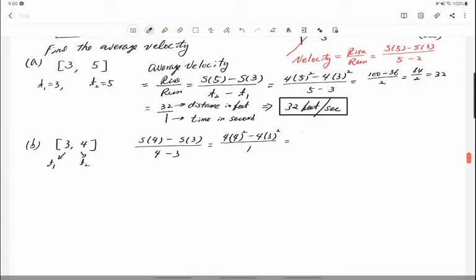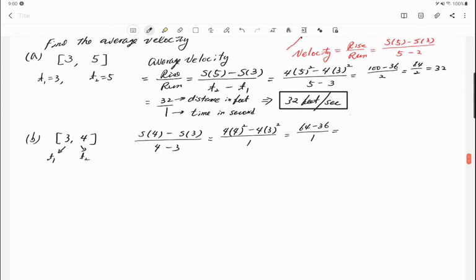Then that equals 64 minus 36 over 1. We don't need over 1, right? So 28. So the average velocity in this time interval, 3 seconds to 4 seconds, will be 28 feet per second.